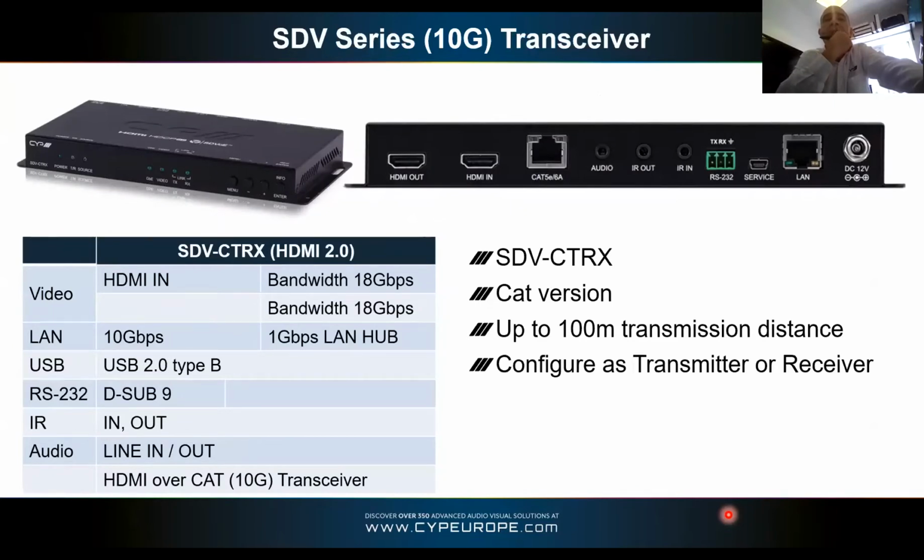It's designed as a transceiver, so you've got HDMI in and out, but they both perform a function whatever mode you are in. If you're in transmitter mode, the HDMI output is used as a local monitor output of the signal that's coming into it. And when you're in receiver mode, the HDMI input can be used as a local input source. So it's offering flexibility there.